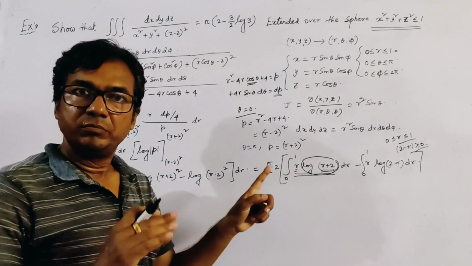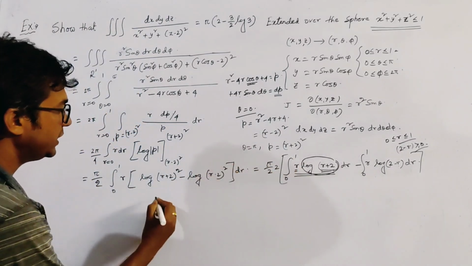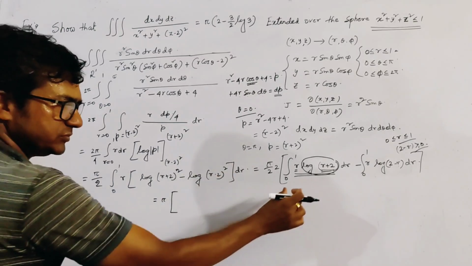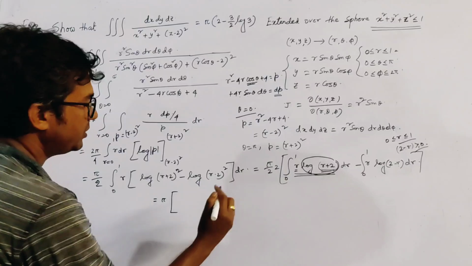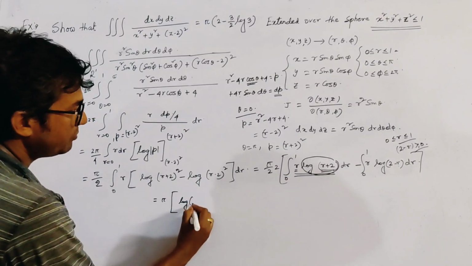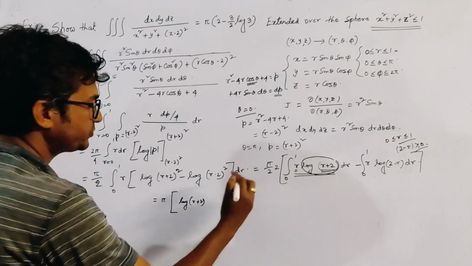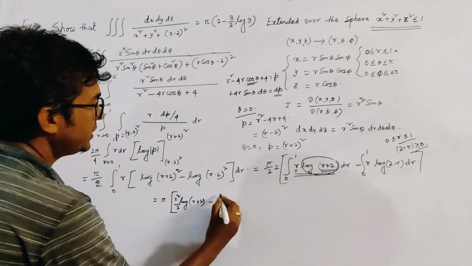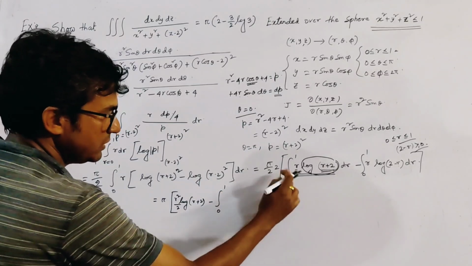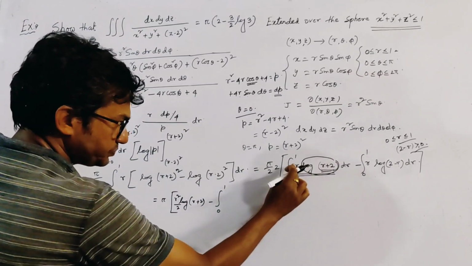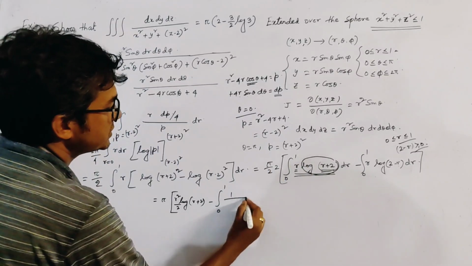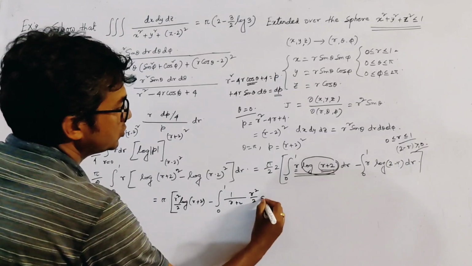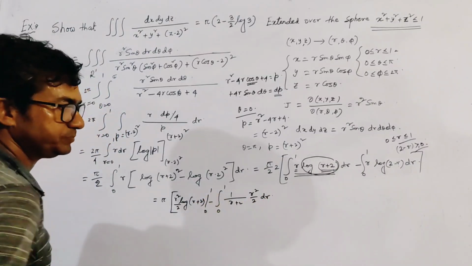Now by integration by parts, we get the value of the integration, first we write pi common here, and the first term of this integration is log(r + 2), this is the first function, into r square by 2, this is the second function, minus integration 0 to 1, we get the derivative of the first function, this is 1 by (r + 2), and the integration of the second function, this is r square by 2 dr, and the range is 0 to 1.